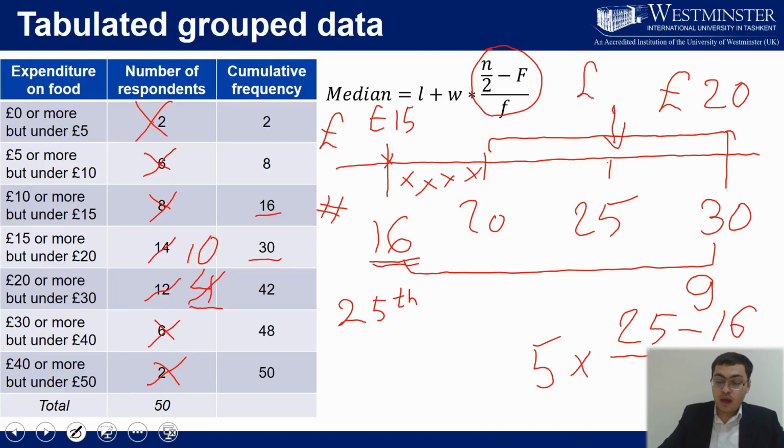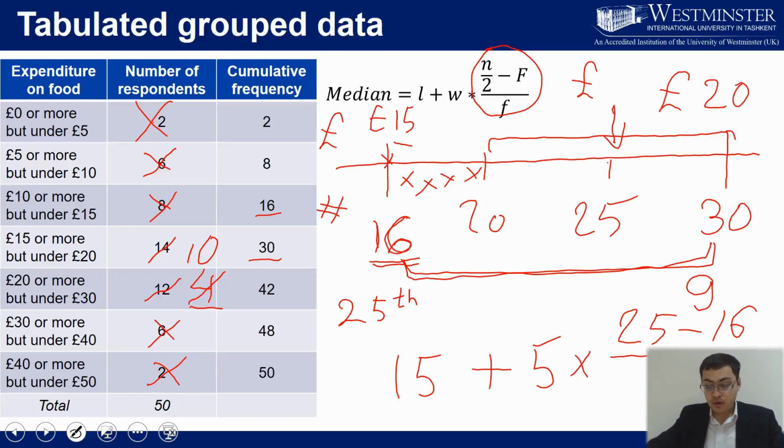Now I need to know at what pound amount that is going to be. So basically what this says is we stopped here at the 16th observation, and the 16th observation had 15 pounds as the observation amount. So I have here 15. I add to it the size of my median group, that is 5, but of course I don't want to go all the way till the end, because if I added all this 5, then the answer would be 20.